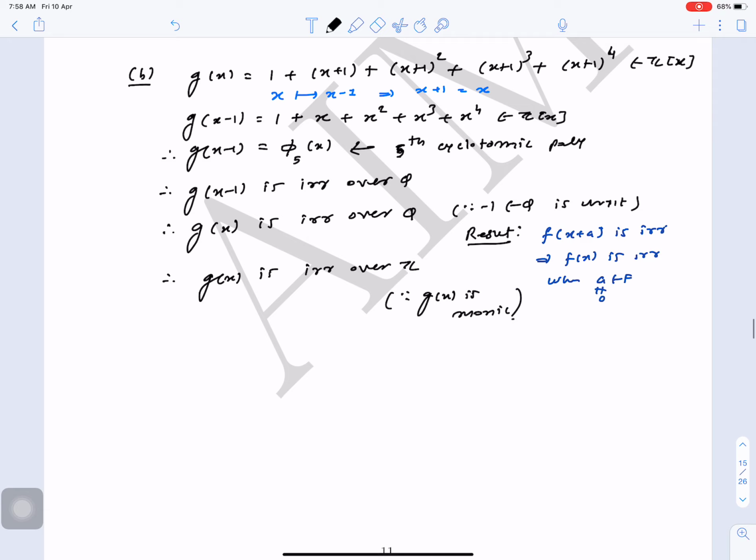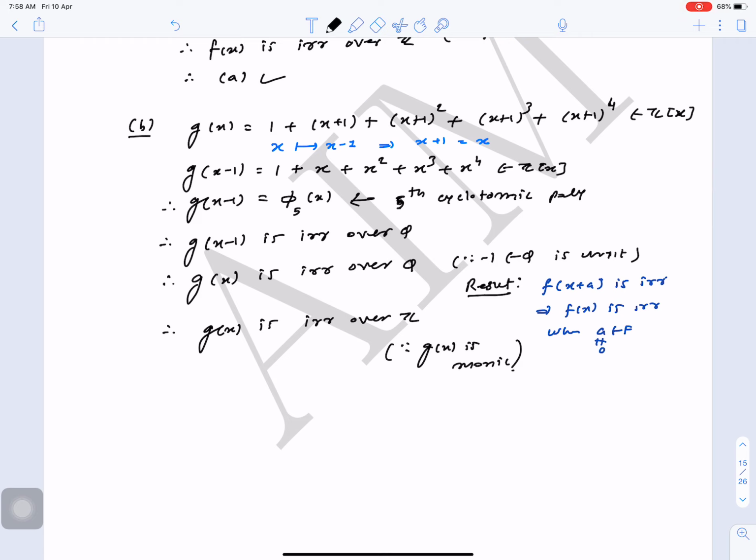And you observe g(x) is (x plus 1) raised to 4 plus lower terms, and the degree of g(x) is 4, and the coefficient of x raised to 4 will be 1 from the binomial expansion of (x plus 1) raised to 4, and there is no term among (x plus 1) cube and so on which gives x raised to 4.